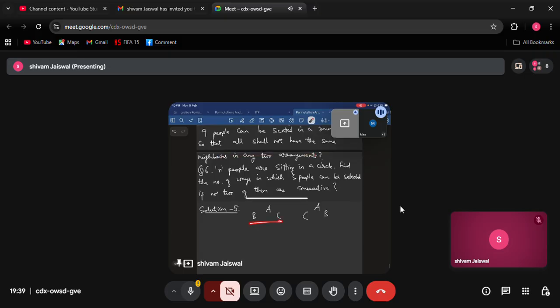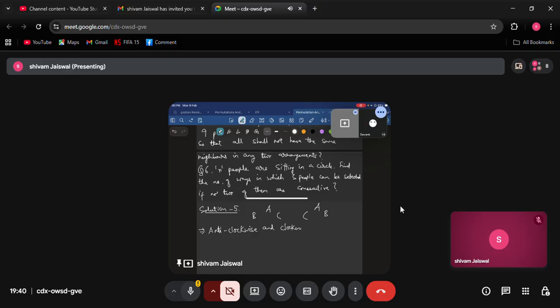Both the arrangements should be considered same. This implies anti-clockwise and clockwise arrangements are the same.